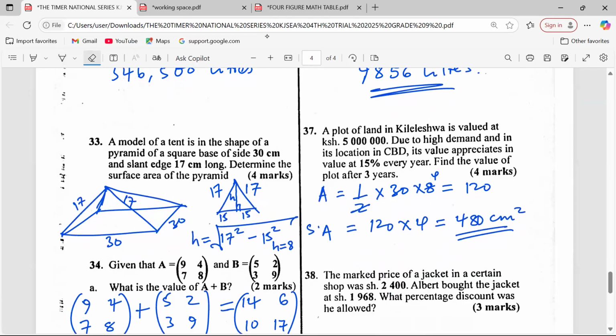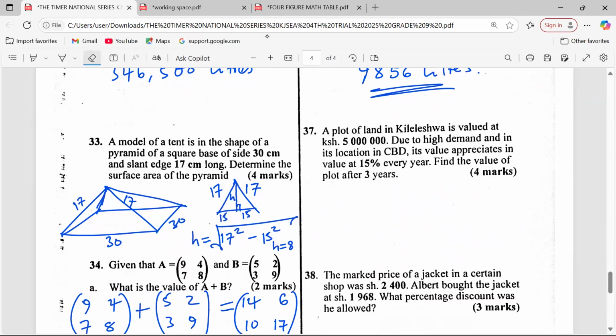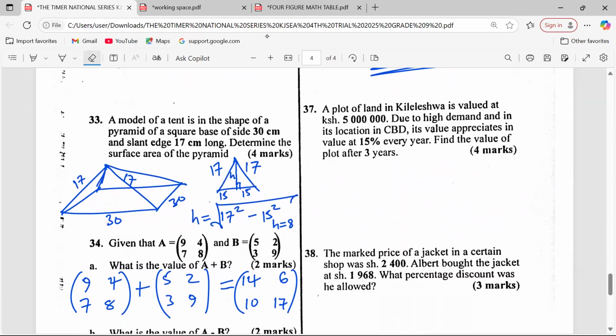Okay, number 37 now. In number 37, the question says that a plot of land in Kileleshwa is valued at 5 million Kenya shillings.